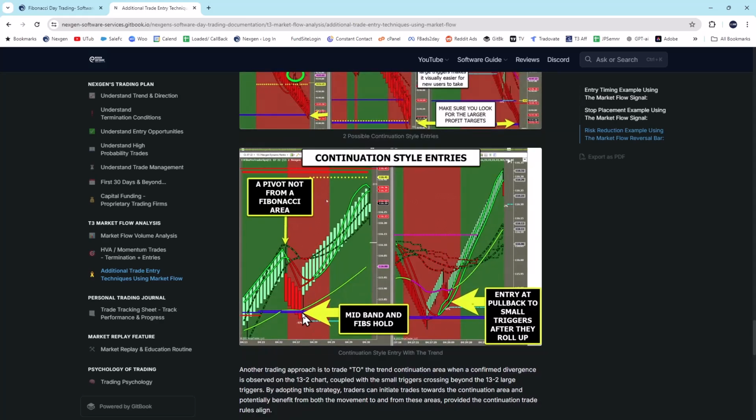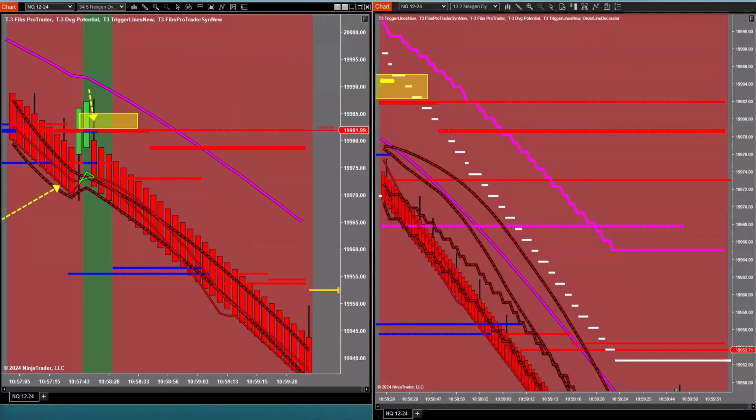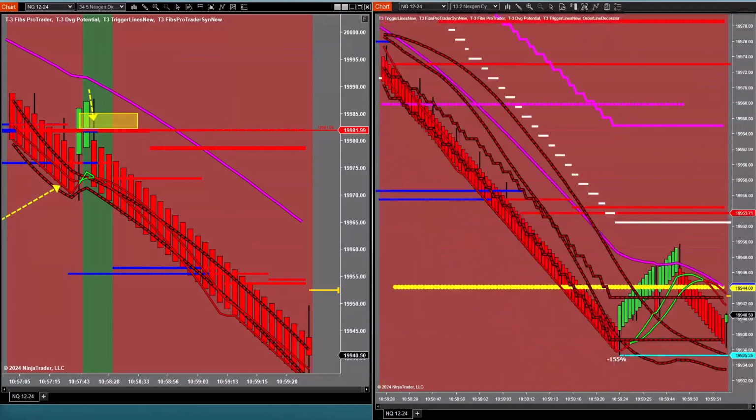An area that's supposed to hold, a pullback to the small triggers that rolls over usually gets you a continuation. We call it a continuation style entry. But this is a really good example of it right here.